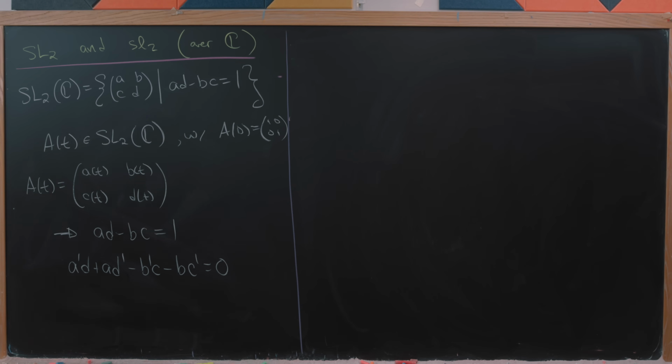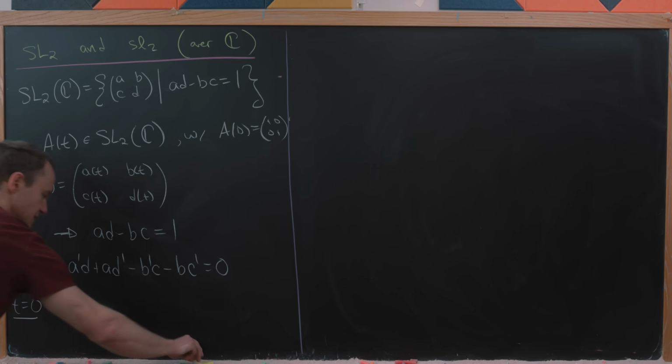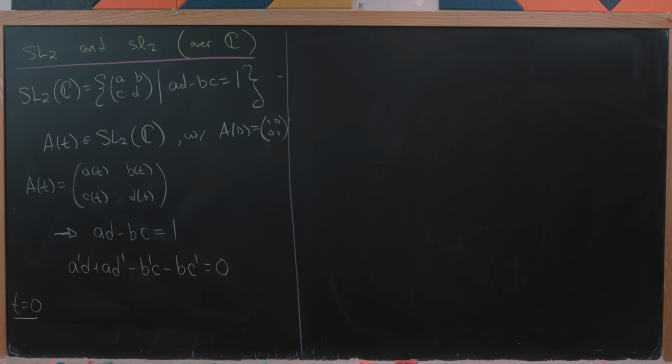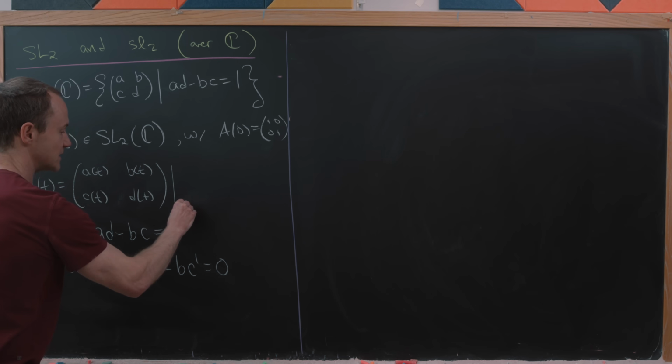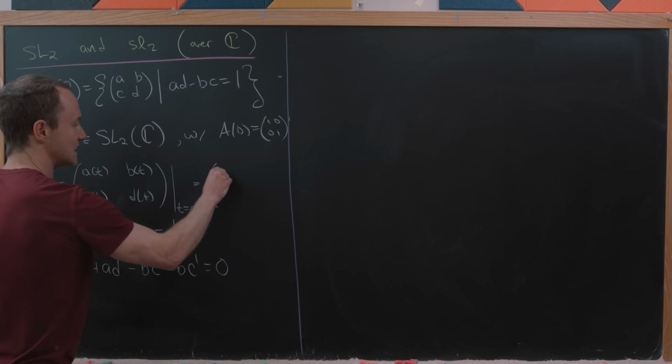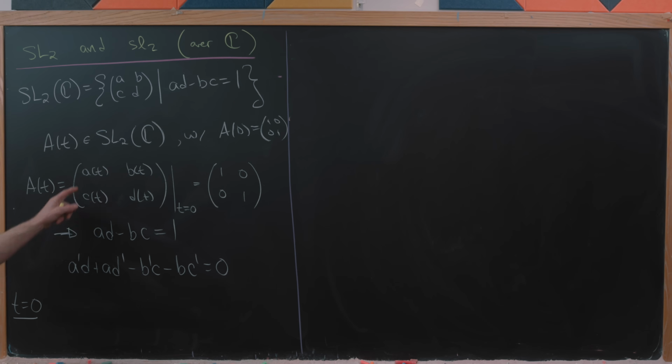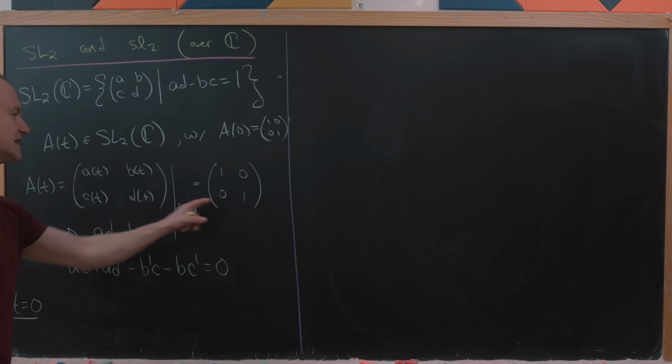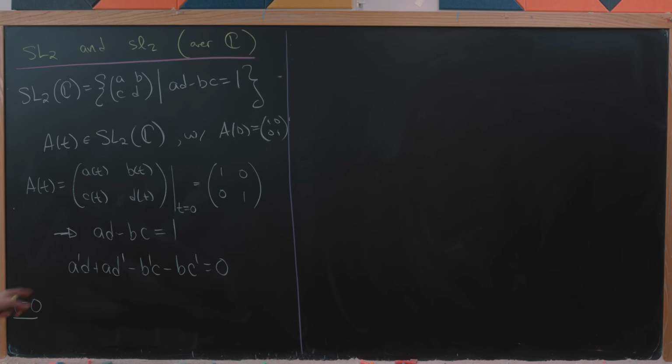But next up, I want to evaluate this at t equals 0. So let's see what I get for each of these terms when t is equal to 0. Notice if I evaluate d at 0, I'm going to get 1. And that's because we need to evaluate this at 0 and get the identity matrix. So that means A of 0 is 1, B and C of 0 are 0, and D of 0 is 1. We don't know what the primes are, but we at least know what those are.